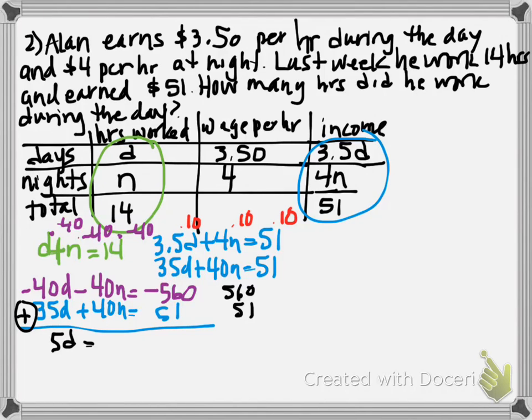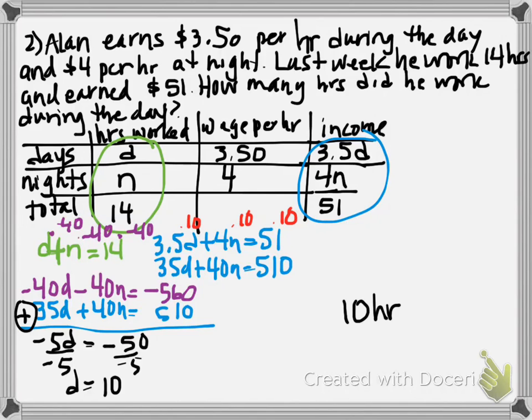I forgot to get something there. It should be negative 510. So now that makes a little bit more sense. And we get negative 5D is equal to negative 50. Divide both sides by negative 5. And we get D equals positive 10. Now, the question asks for how many hours did he work during the day, and that's precisely what we just solved for. So the answer is 10 hours in the day.